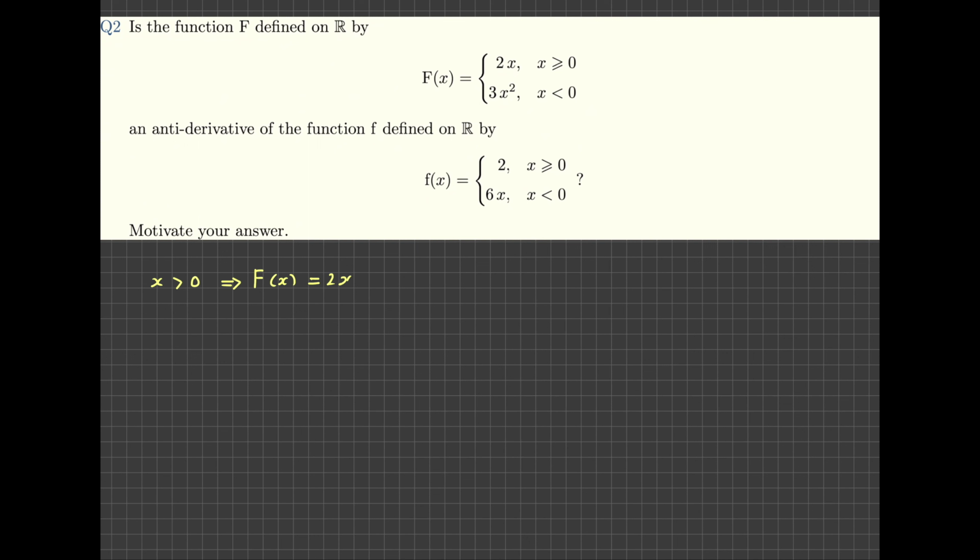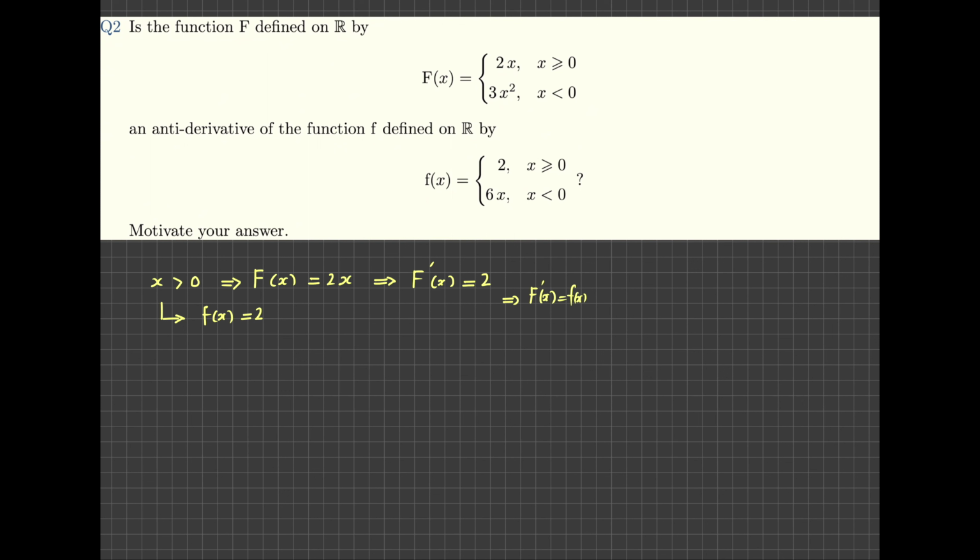And then, of course, this function is differentiable. When I differentiate it, it becomes exactly equal to 2. And if x is positive, then little f of x by its definition is also 2. So in this case F prime of x is equal to f of x.